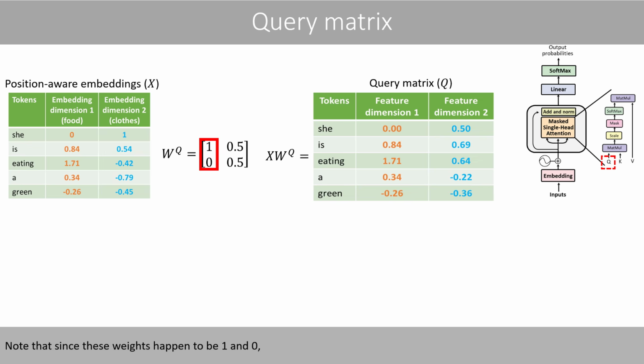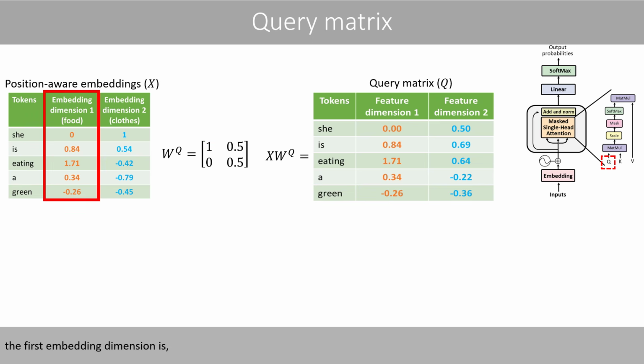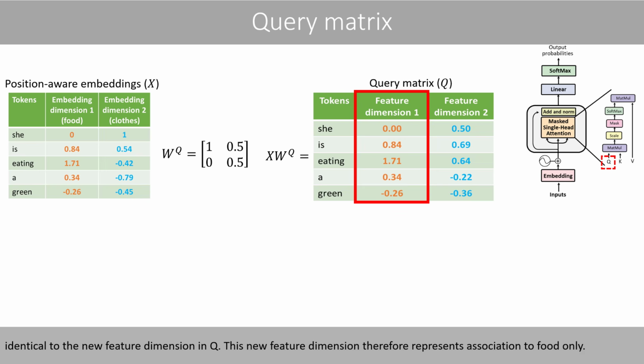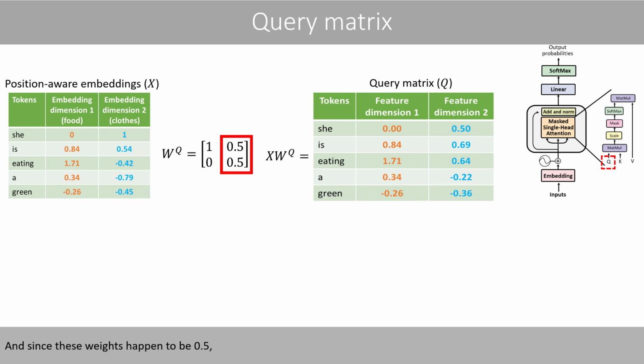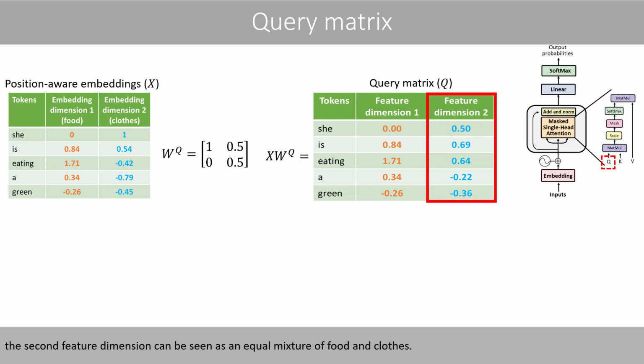Note that since these weights happen to be 1 and 0, the first embedding dimension is identical to the new feature dimension in Q. This new feature dimension therefore represents association to food only. And since these weights happen to be 0.5, the second feature dimension can be seen as an equal mixture of food and clothes.